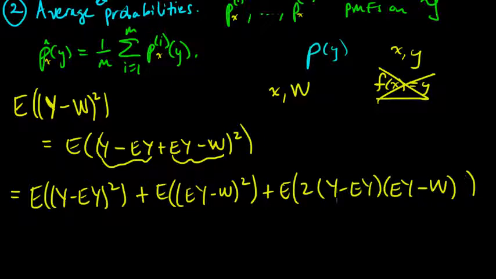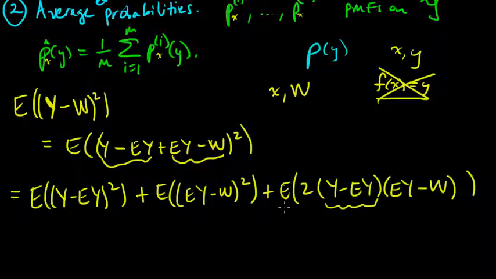And now this part, I didn't really say, but let's assume that this W, the true value that we're trying to predict, is independent from Y. So this expectation of the product becomes the product of the expectations, and so this part, the expected value of this, is 0.